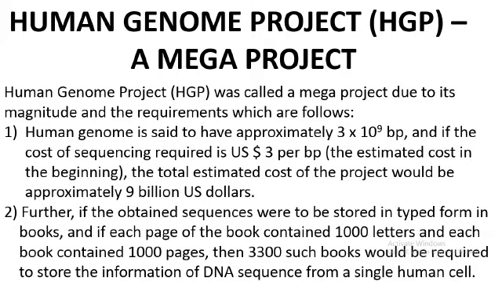Human Genome Project was approximately known to have 3 into 10 to the power 9 base pairs, and the cost of mapping this was US dollar 3 per base pair.